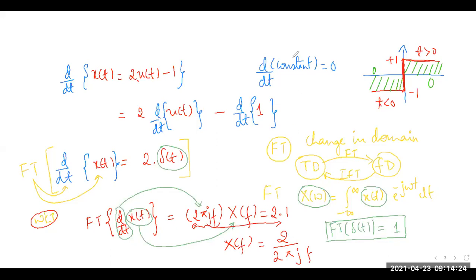And in fact, I can cancel out 2, that which is in my numerator and my denominator, and will get 1 by j pi f. So capital X of f is equal to 1 by j pi f.